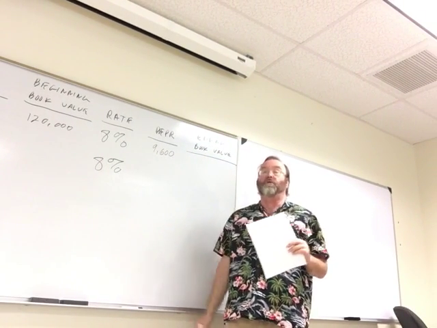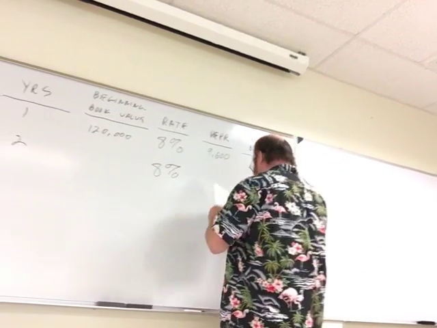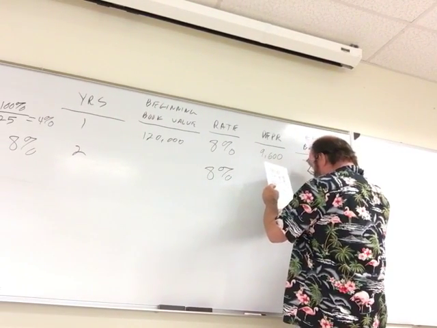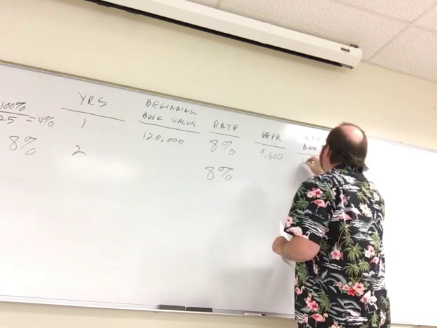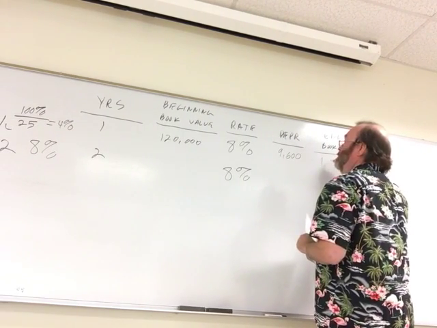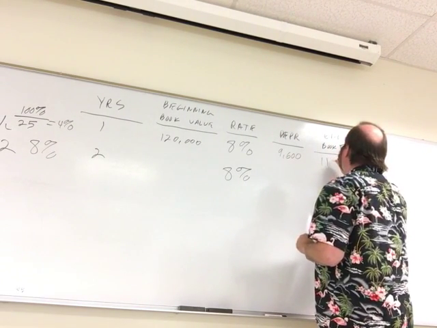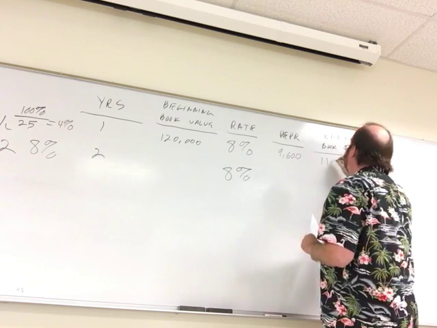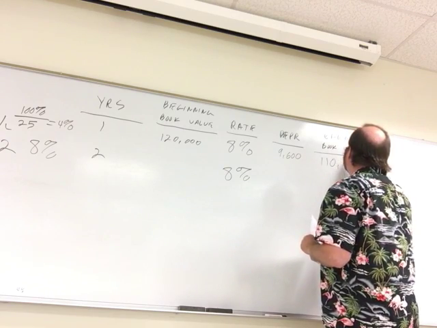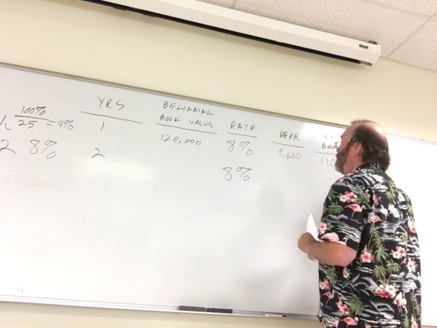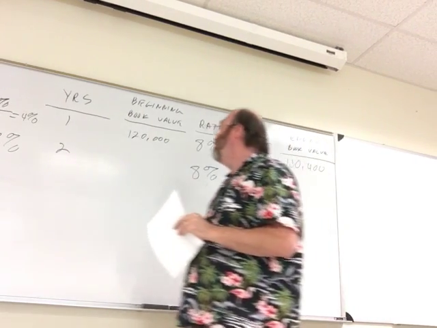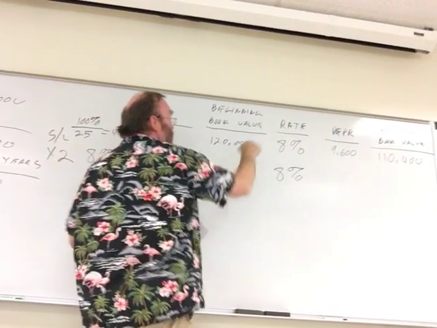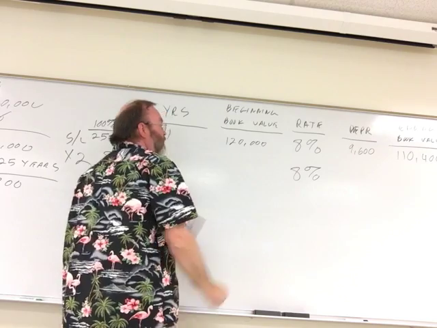So at the end of the first year, our book value is now $110,400, which is the $120,000 minus $9,600.